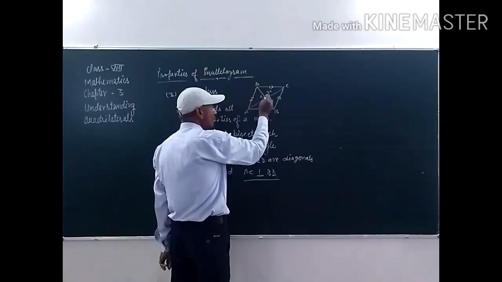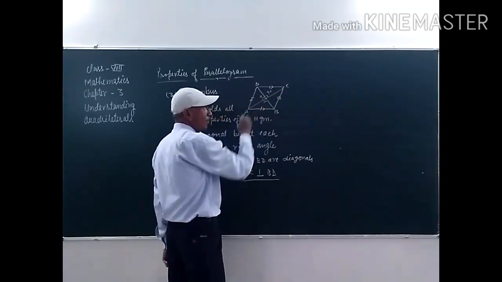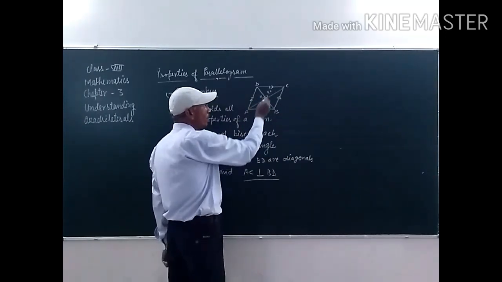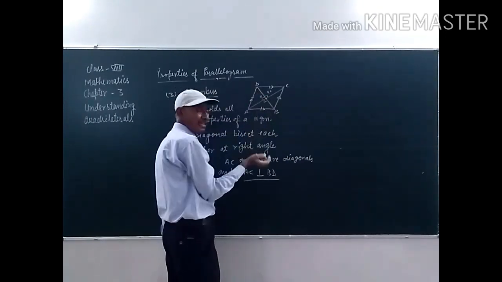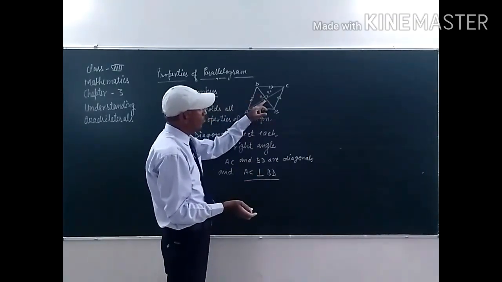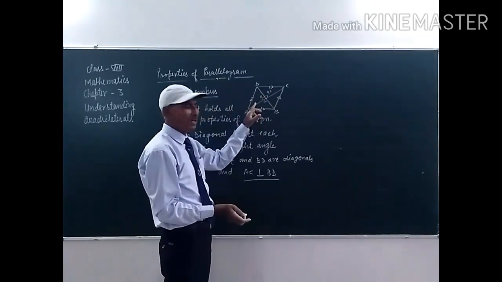Bisect means OA is equal to OC, because it is a parallelogram, so it will follow all the properties of a parallelogram. So diagonals bisect each other in a parallelogram. And the next one is that diagonals bisect each other at 90 degrees. It is the most important point, students.